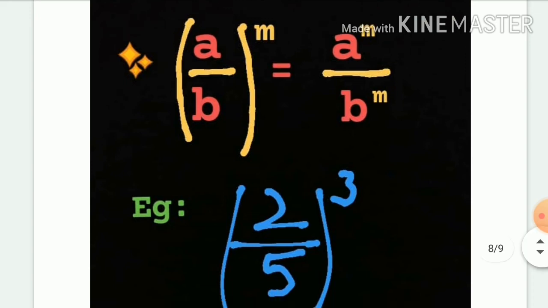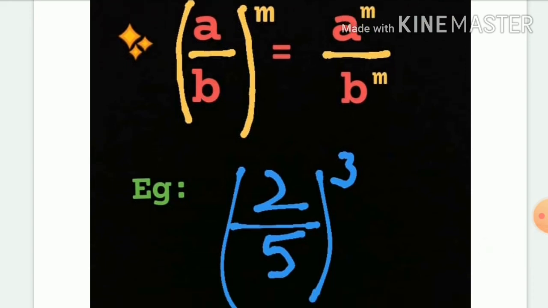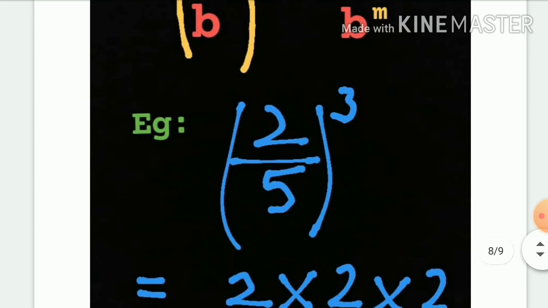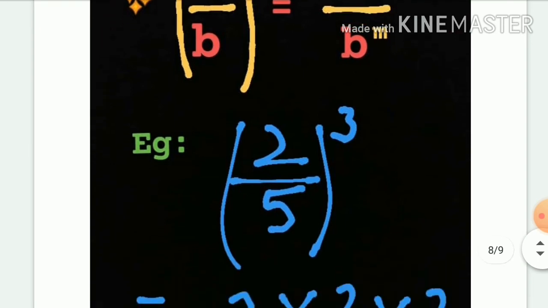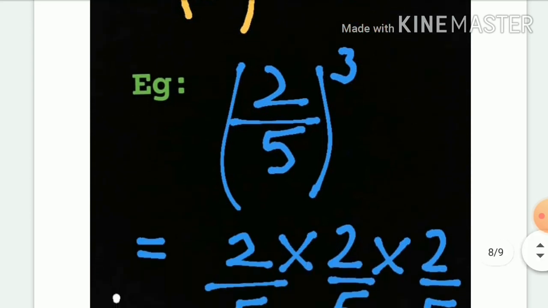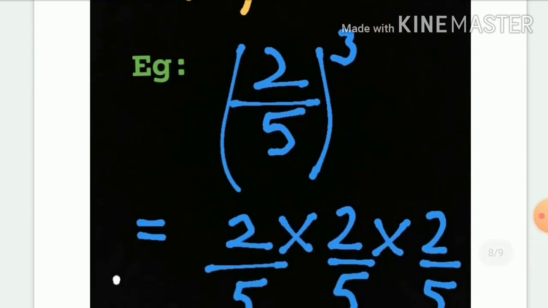See, let us see whether this law is valid or not, whether this m goes individually to both the bases or not. For example, 2 divided by 5, two different bases, raised to the common index 3. The number in the bracket is to be multiplied 3 times.